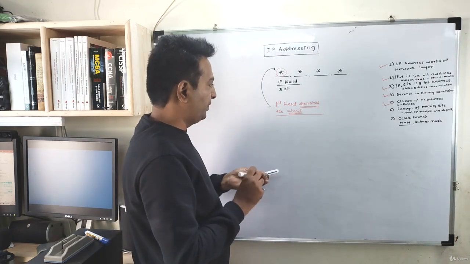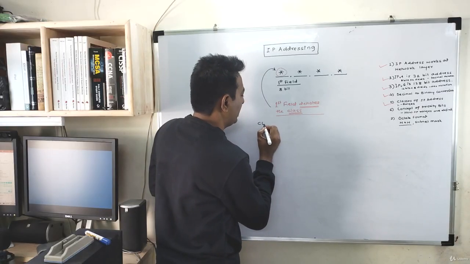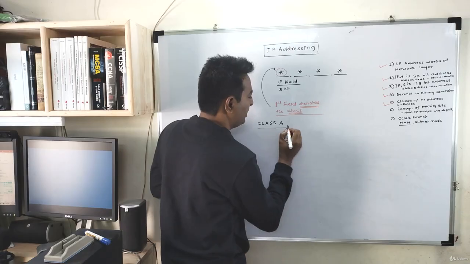Before we understand the ranges, let me tell you that there are 5 classes of IP address.